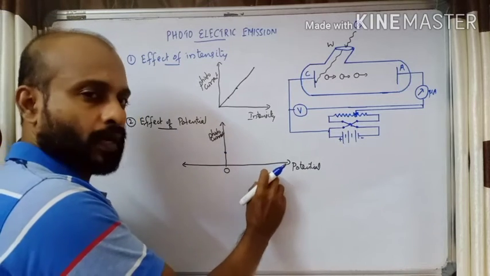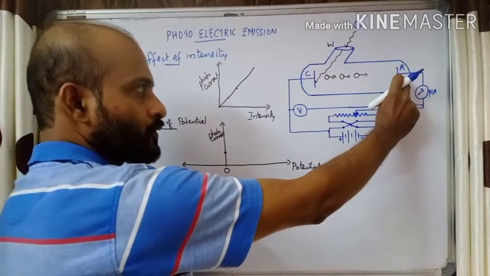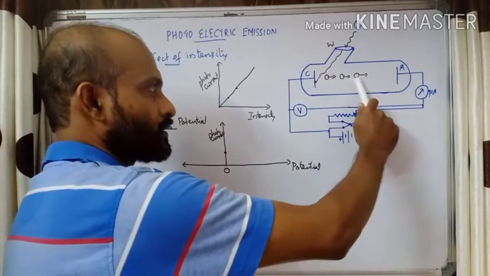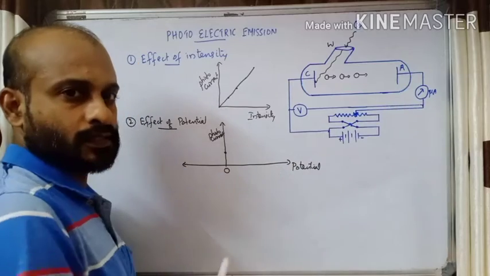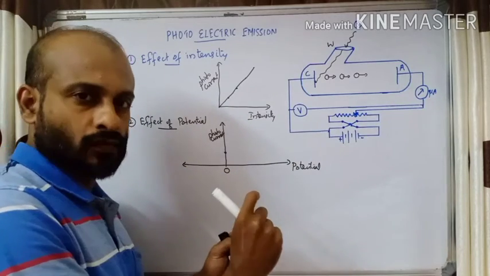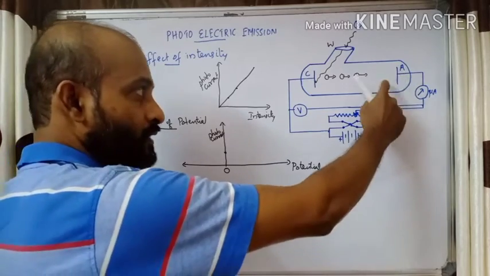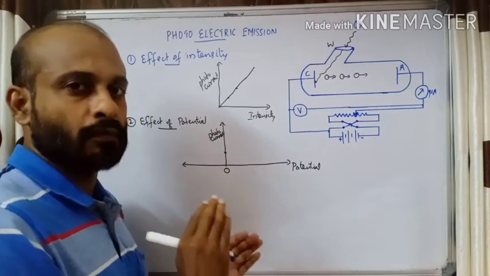Now what we will do? We will increase the potential. We apply positive potential here and negative potential here. What happens? The electrons are accelerated towards the positive potential, and the amount of current also increases. So we gradually increase the potential difference, applying an accelerating potential at the beginning.